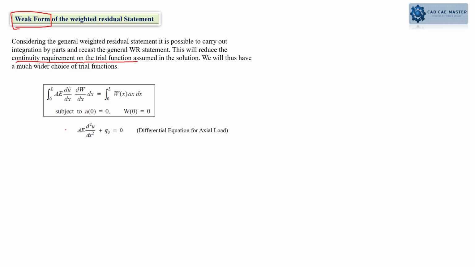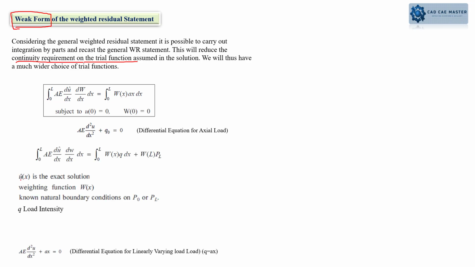If you consider the differential equation for the axial loading condition, it is the derivative of area times Young's modulus times the derivative of u, plus q, the loading condition, equal to 0. If you would like to rewrite the equation, this is the form where u hat is the exact solution we are looking for.